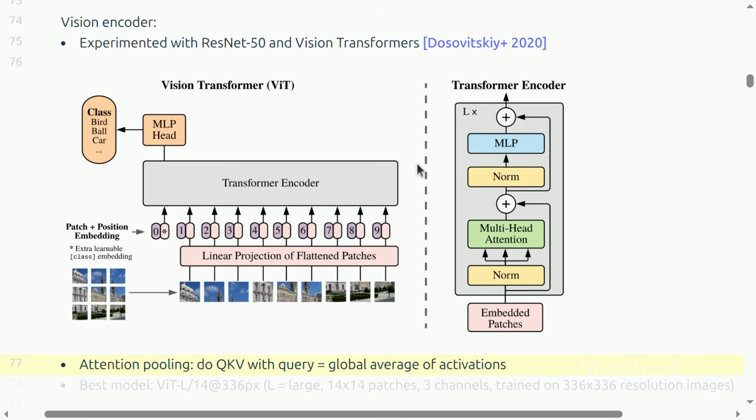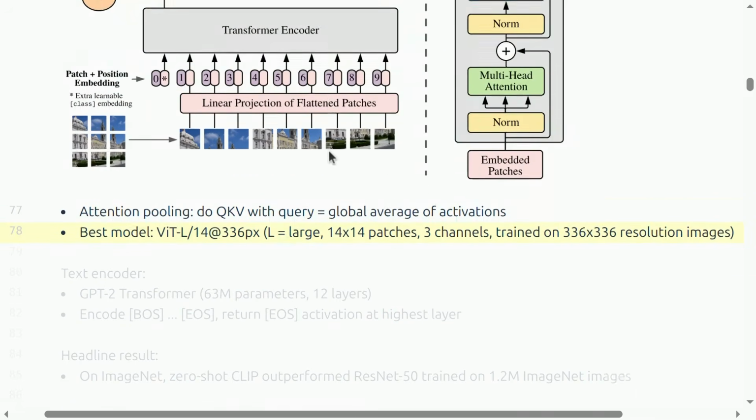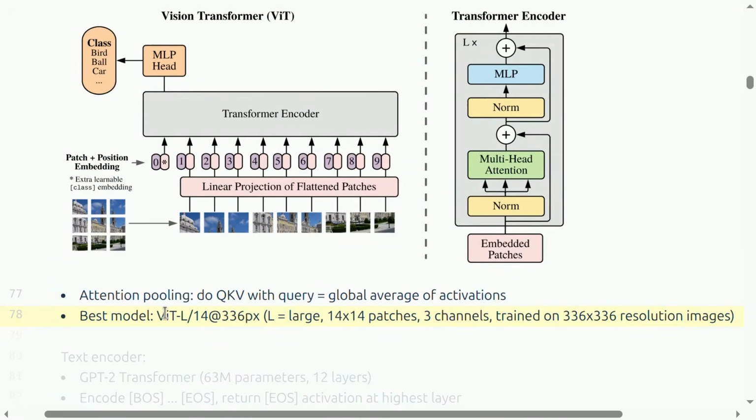The CLIP paper found that the best model is what is called ViT-L/14. To decipher this, it's a large ViT. I think it has like 24 layers or so, not quite sure about that. And 14 by 14 patches.